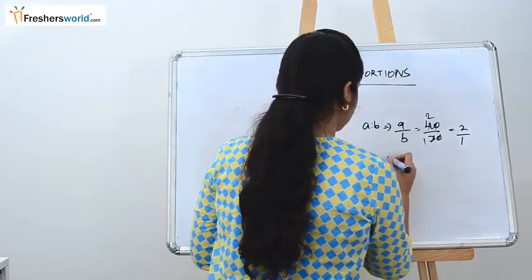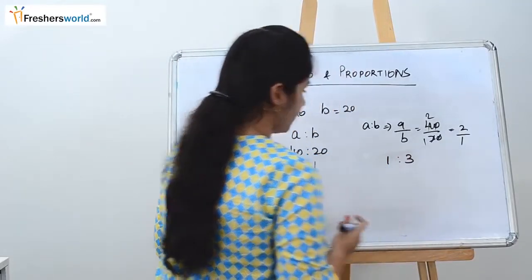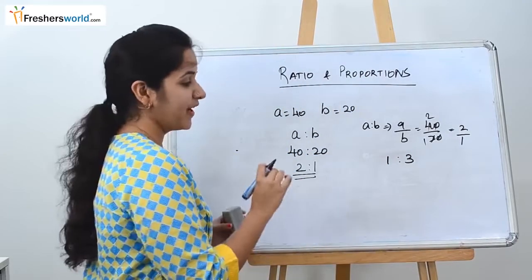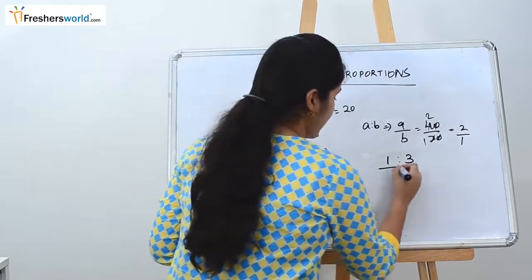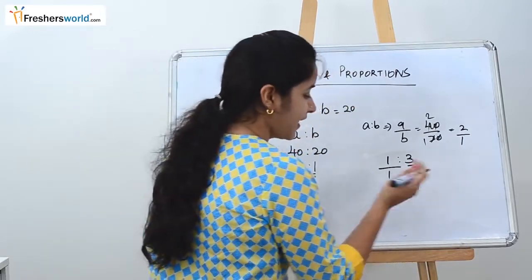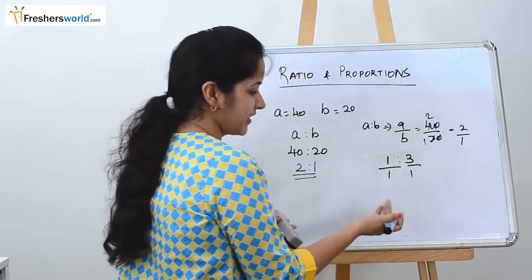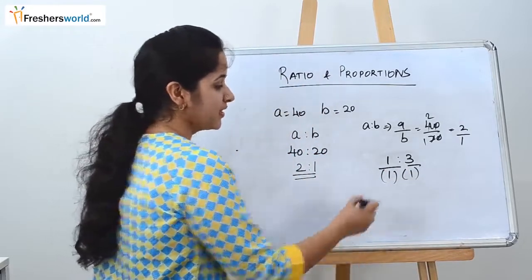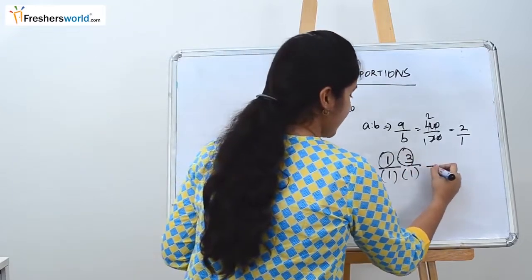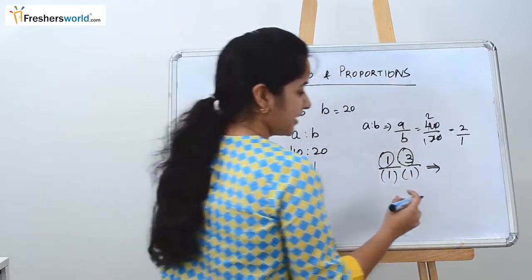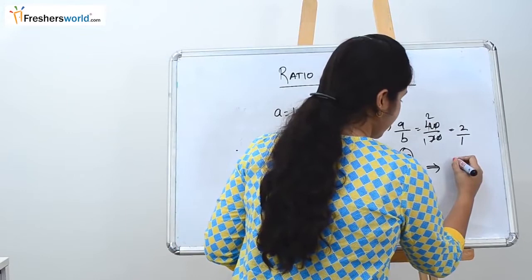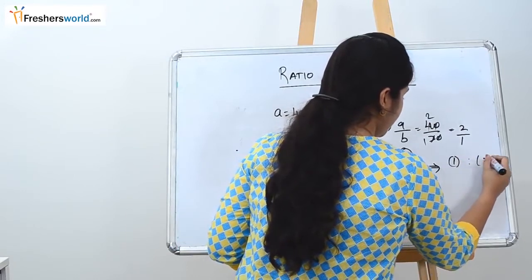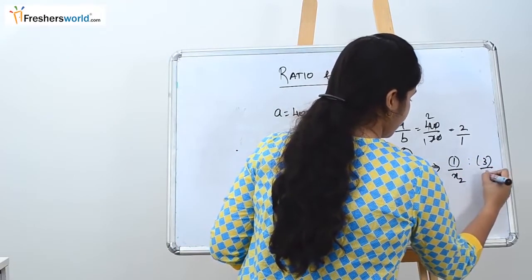Let's take 1 is to 3. Let's say I'm dividing it by 1. I'm just taking this as an example. You can divide it by 3, you can divide it by 10, or whatever it may be, the prime ratio will always be the same. This is similar to multiplication. So let's take 1, 3 and we are dividing by the variable 2.